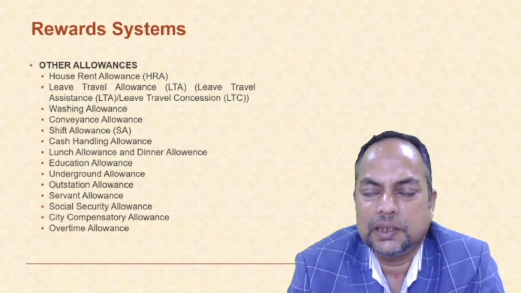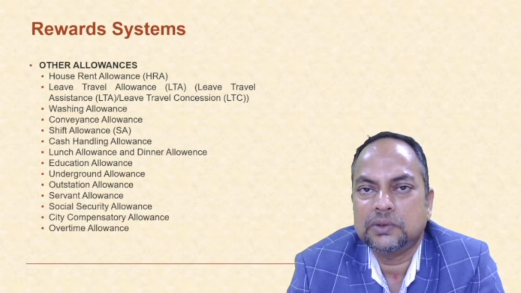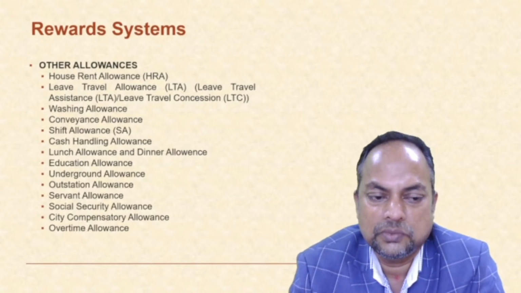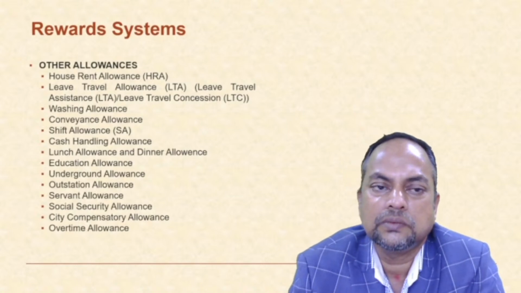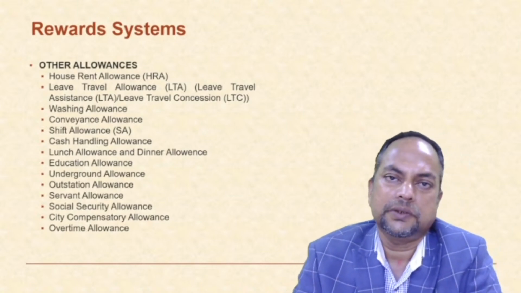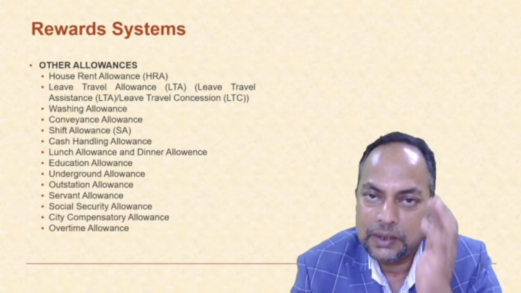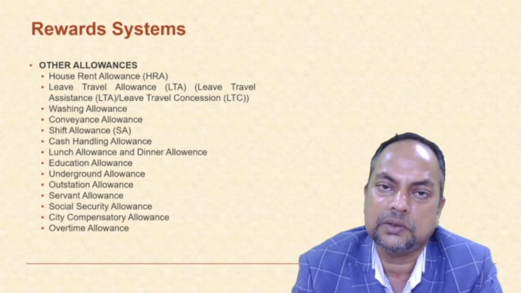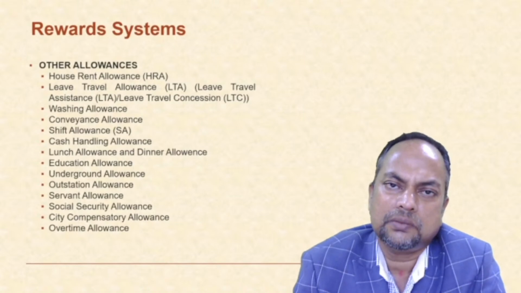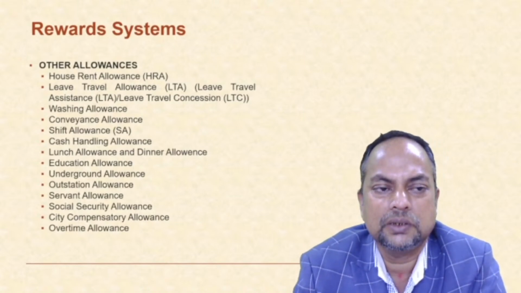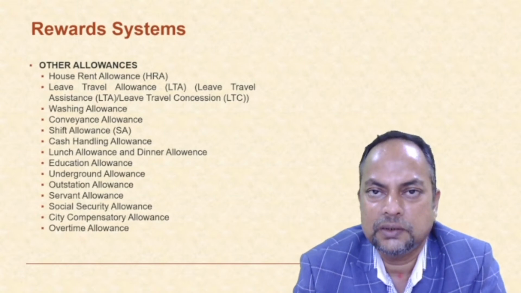It is calculated like that, but certain jobs require the employee's presence beyond the normal working hours also. So they are being provided with these overtime allowances. If we create a list of all those kinds of allowances, you'll see that there are 50 or 60 or 100 such different allowances being administered in organizations, right?